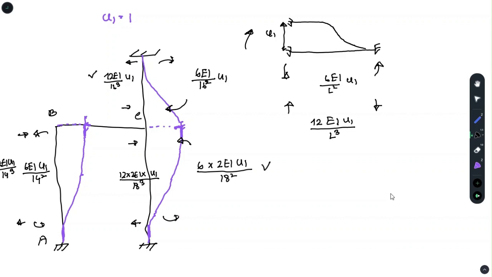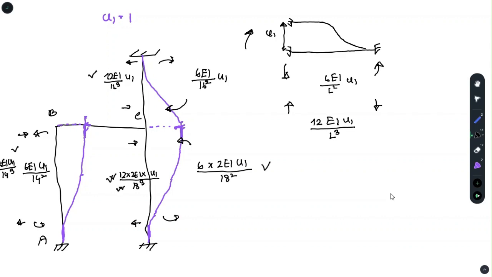So we are getting three reactions after the application of Doki E1, which are 12 EI over 16 cubed, and another one, 12 multiplied by 2 EI multiplied by E1 divided by 18 cubed.